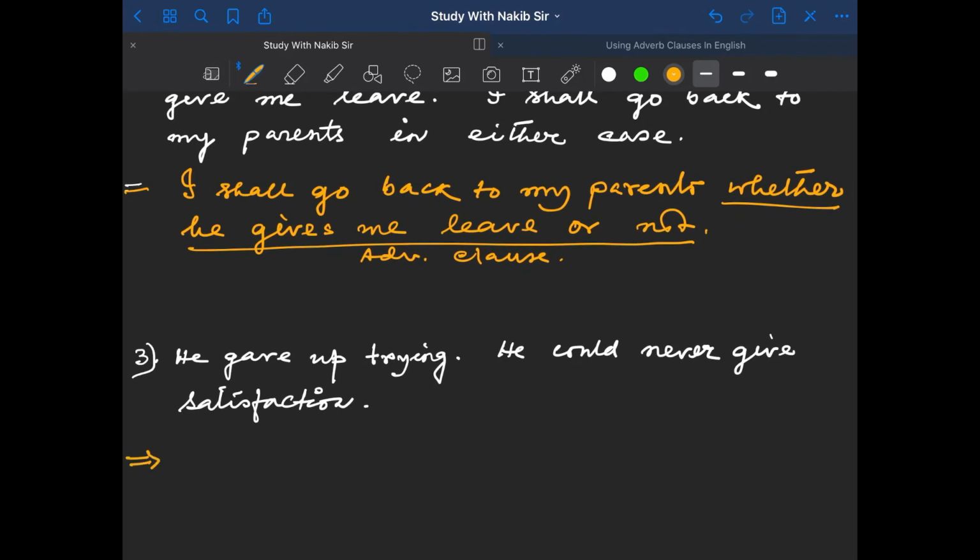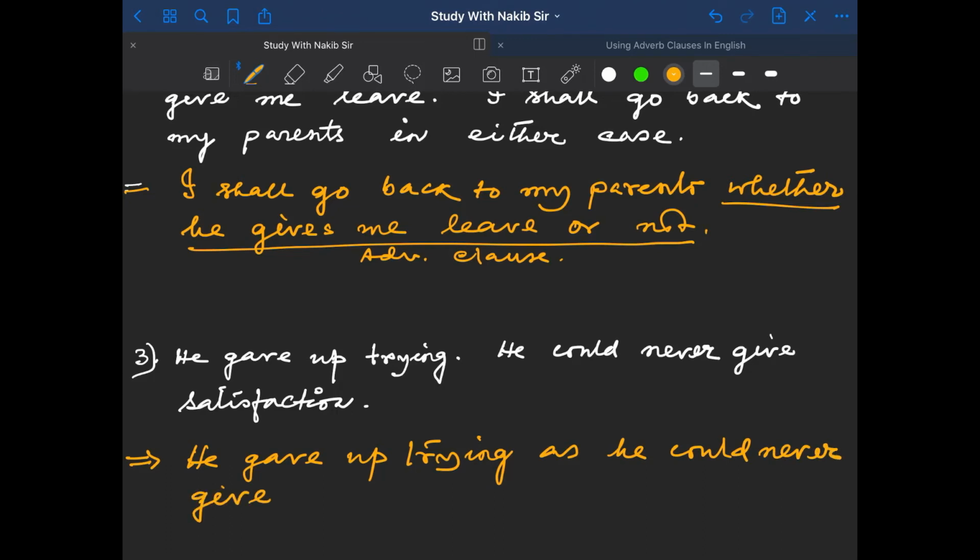Next one, this one. He gave up trying. He could never give satisfaction. Right? He gave up trying. Why? As he could never give satisfaction.